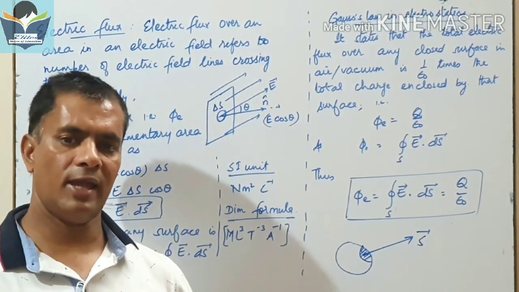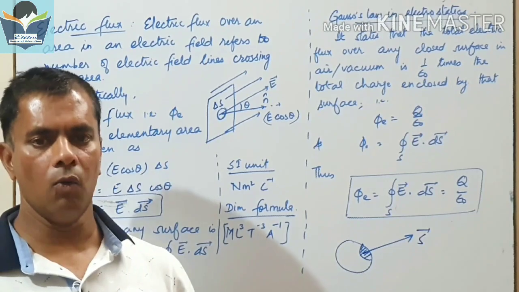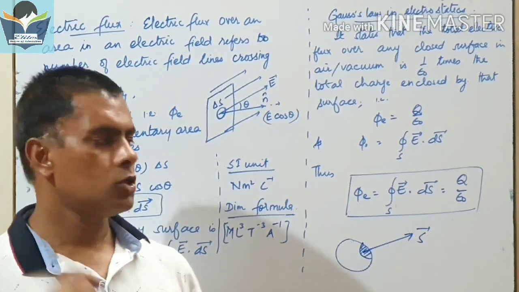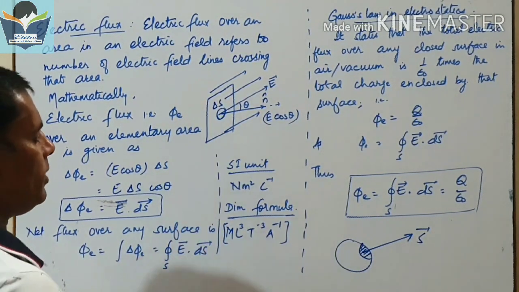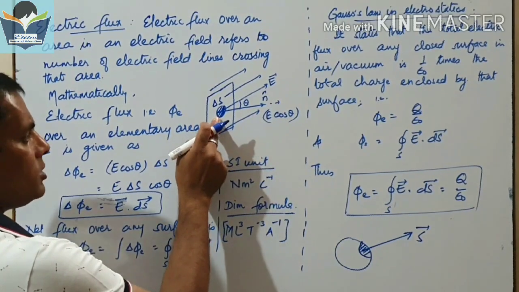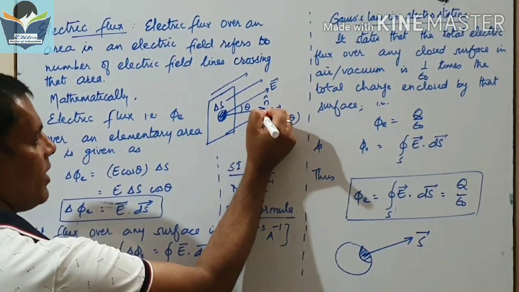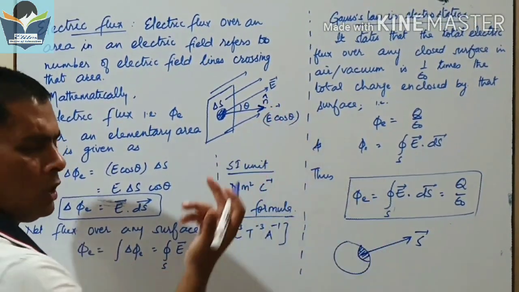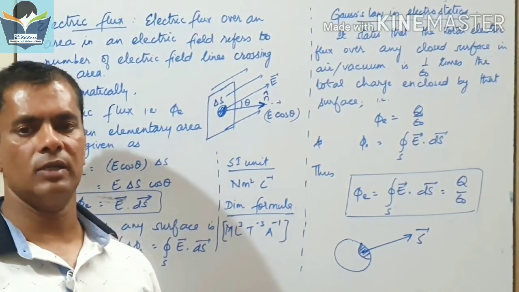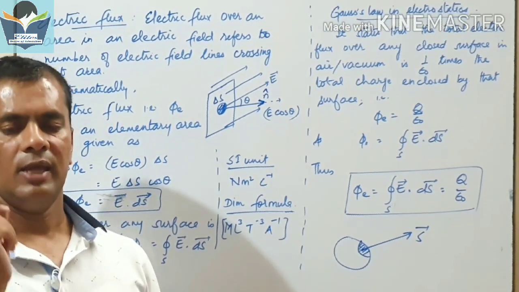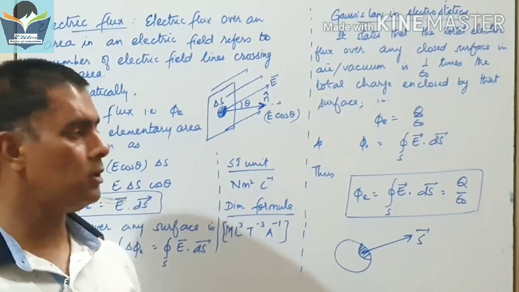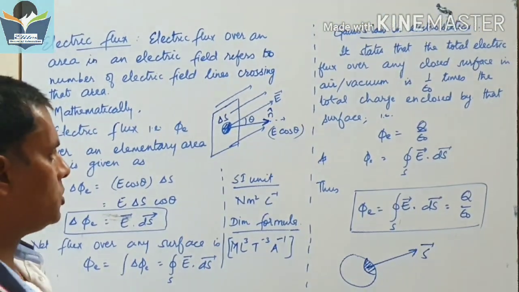That inclination decides how much content will be passing through it. Similarly, we have assumed here an elementary area delta S, with area vector n cap. You know that n cap represents a unit vector, which is used only to represent the direction of a vector.